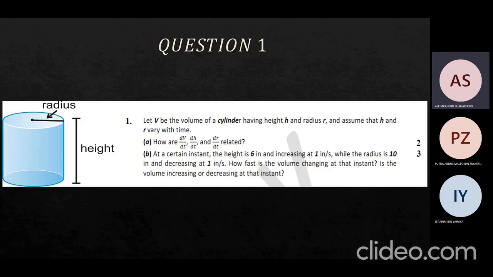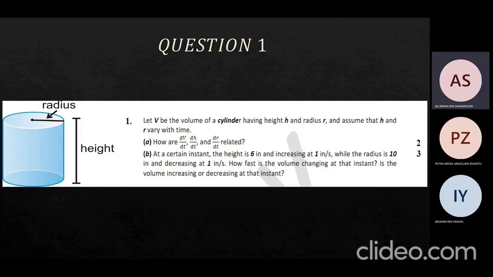So let's start. The question asks: let V be the volume of a cylinder having height h and radius r, and assume that h and r vary with time. Question A asks, how are dV/dt, dh/dt, and dr/dt related?